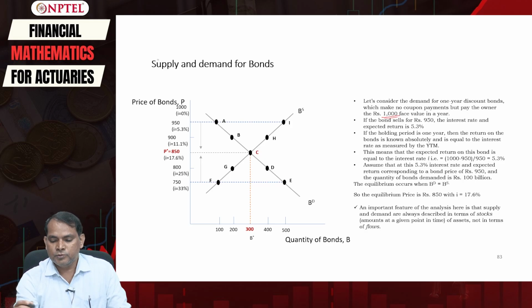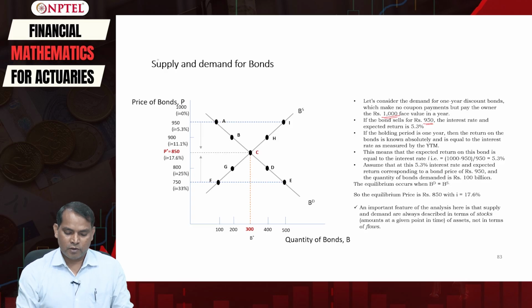So if the bond sells at, let's say, 950, the interest rate and the expected return can be computed simply as 5.3%. We don't have a yield rate here, so we can simply compute the face value minus the purchase price divided by the purchase price, that is 1000 minus 950 divided by 950, which is equal to 5.3%.